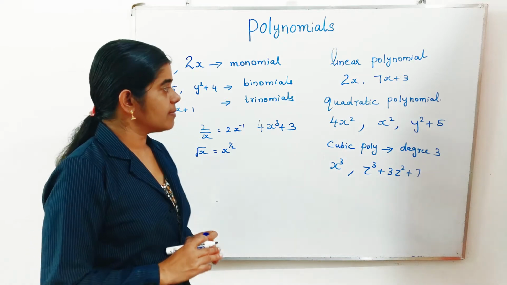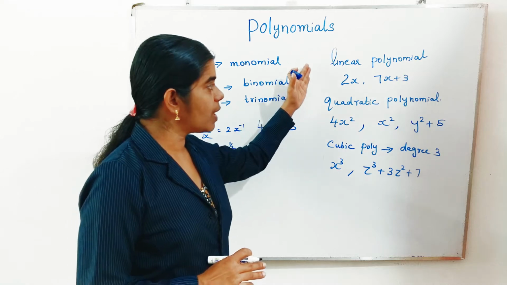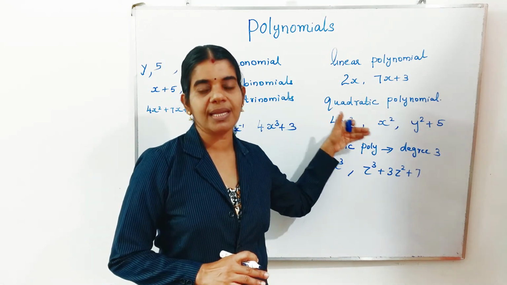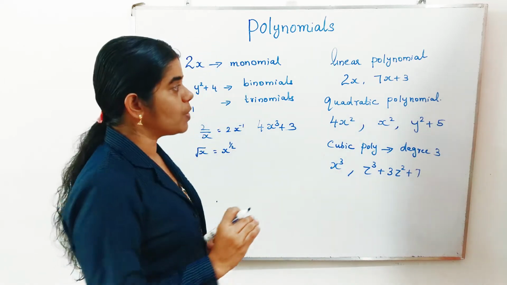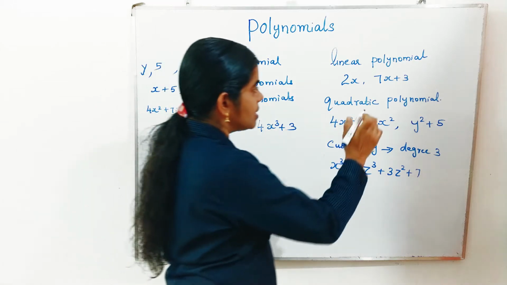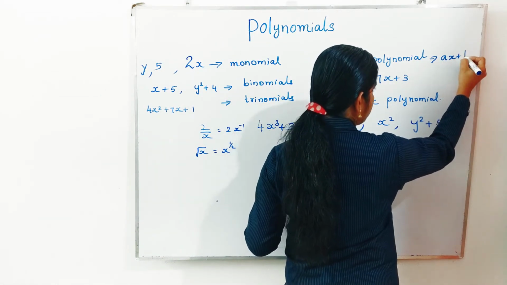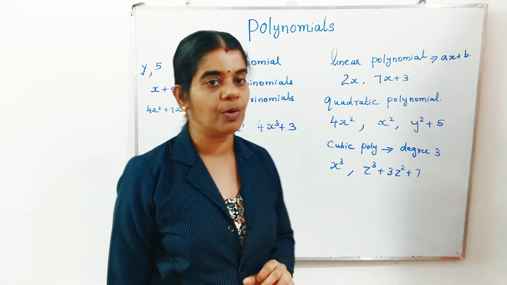Next, we already studied all this in the 8th standard. Now we are discussing, based on the degree, the linear, quadratic and cubic polynomials. The general form of a linear polynomial is ax plus b. This is the standard form of a linear polynomial.